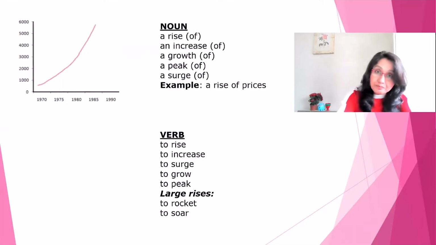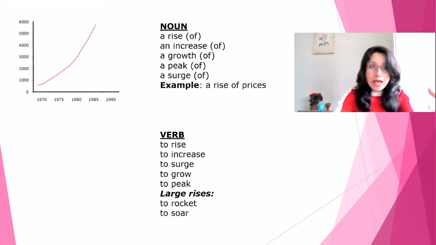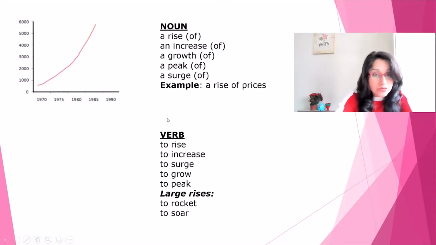Then, like I said, there's typical vocab when you are describing these charts or graphs. When there's a rise, there's a rise of, or an increase of, or a growth of, there's a peak or a surge. These are your nouns, and then you have similar verbs.